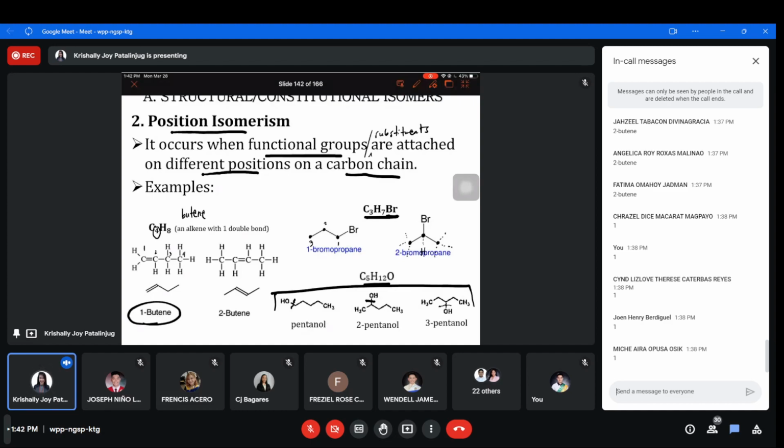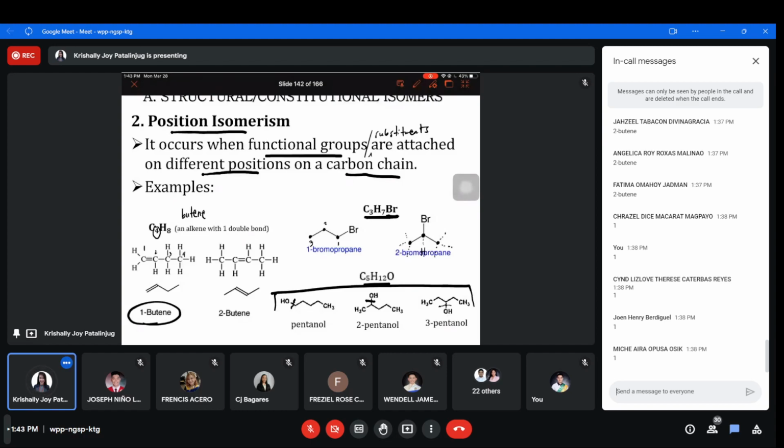So just application lang din yan sa mga na-learn nyo sa past discussions natin. Okay, so that is for position isomerism. Inyo lang tandaan is nagkakaroon ng differences sa structure because of the differences in the position of the functional group or the position of the substituents.